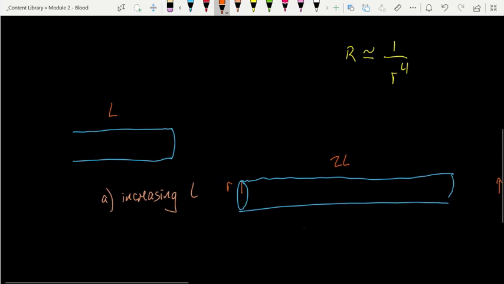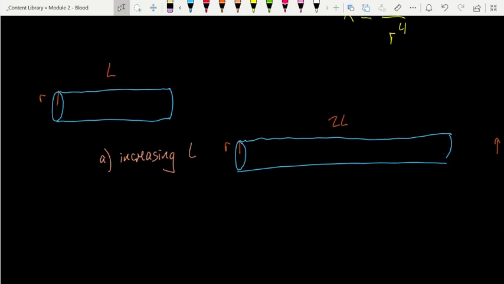Now, consider if we take another option and we keep the same length, but we reduce radius R. So now we've got a tube that's got half the radius, but we maintain the same overall length.